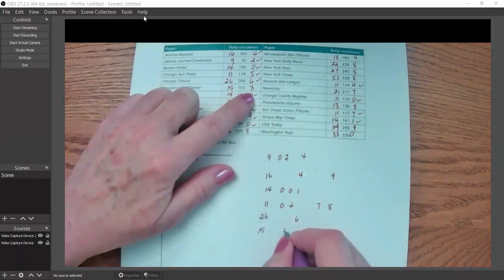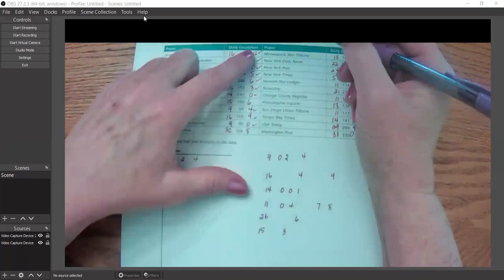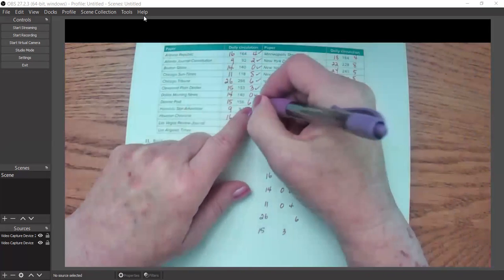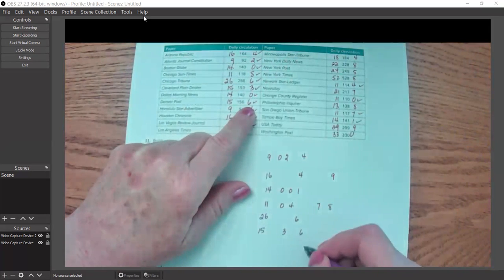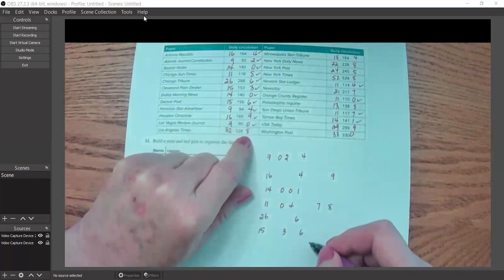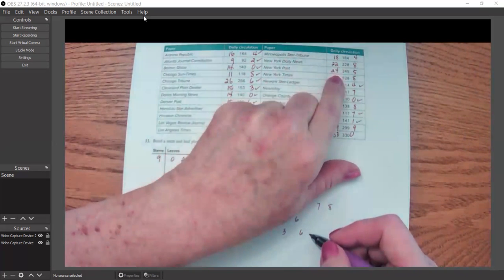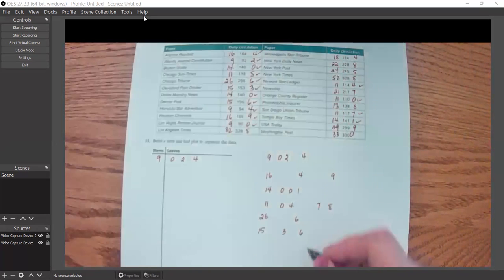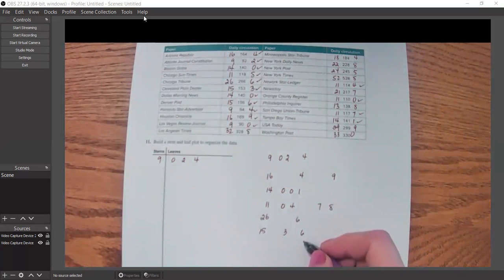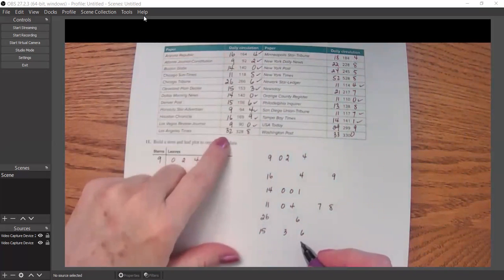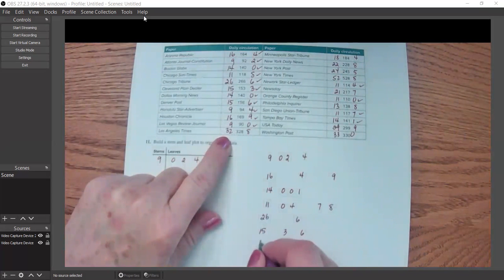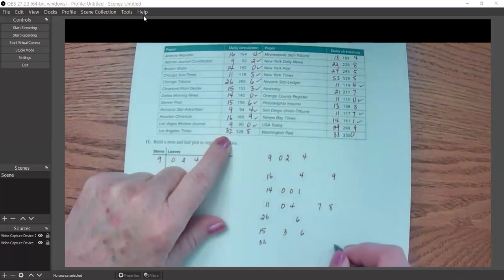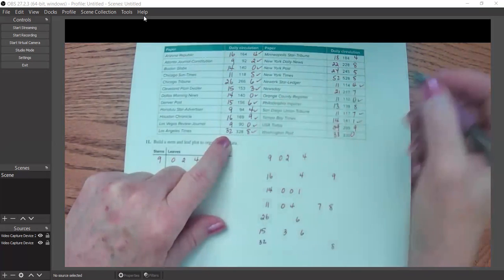Here's a stem of 15. So I have 15, 3. And here I have a 15, 6. So I only seem to have 2 leaves for 15, 3 and 6. Okay, here's a stem of 32, a leaf of 8.